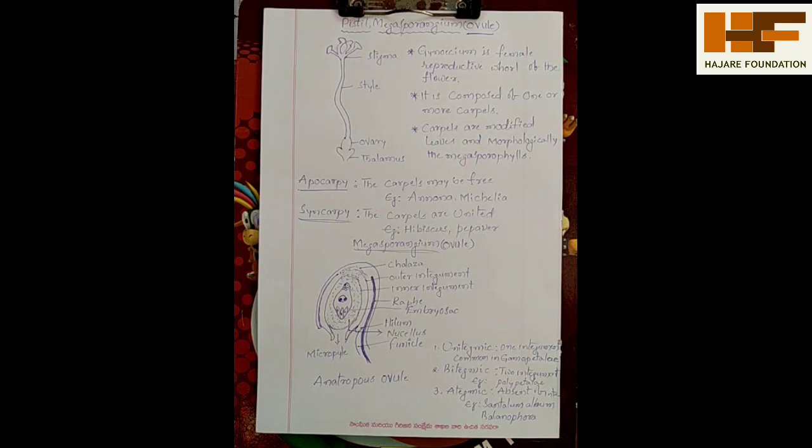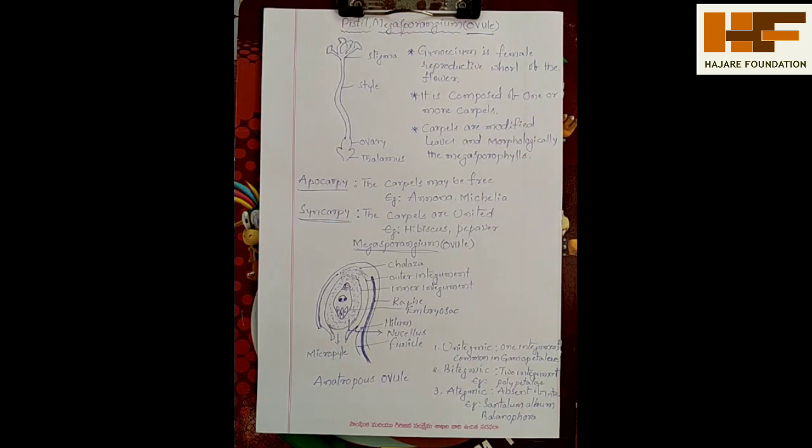Balanophora and Santalum album are composed of this kind of ategmic ovule, where a naked megasporangium is common. A naked megasporangium means there is no presence of integuments. The embryo sac is not covered by any integuments, and the absence of integuments results in a naked megasporangium.